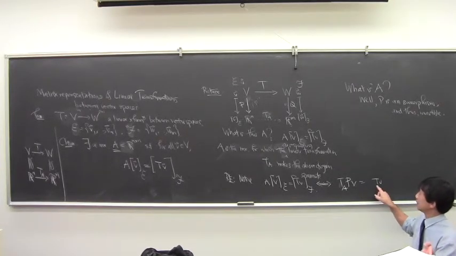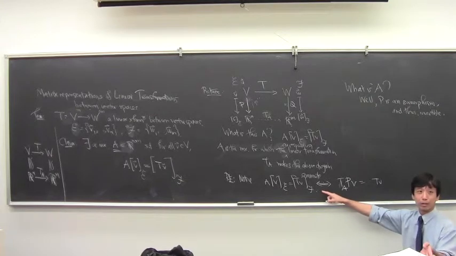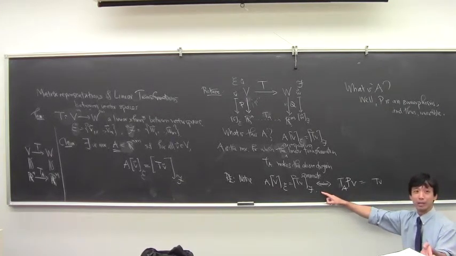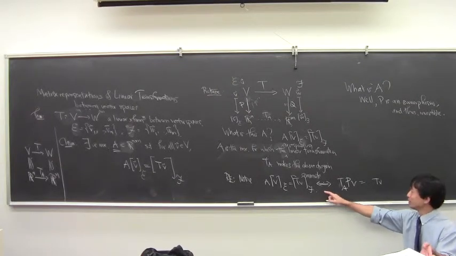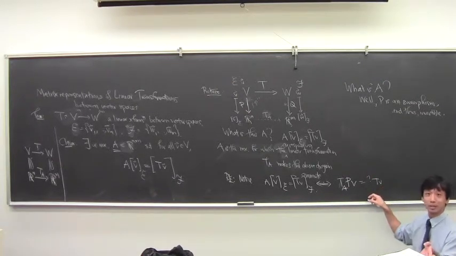T of V, and then you take the coordinate vector of it. So what am I hitting it with? Don't blurt it out. What do I write here?